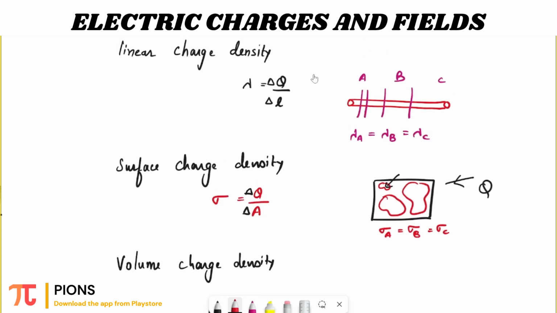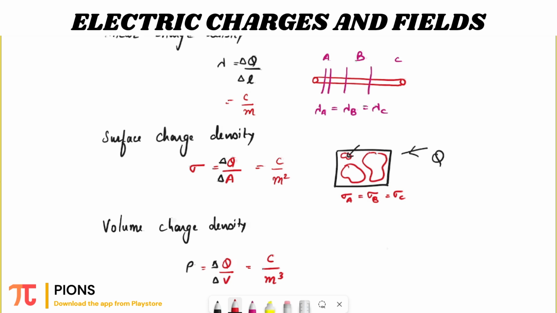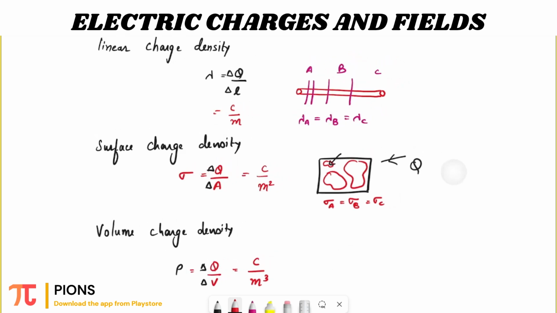Sir, what about units? For charge per unit length, charge is coulombs, length is meter, so coulomb per meter. And here the charge is coulombs and area is meter square, so coulomb per meter square. And here Q is in C and delta V is meter cube. We can find the dimensions. I will not focus on dimensions a lot this year because dimensions are a part of 11th standard, though they ask in board exams also, right?